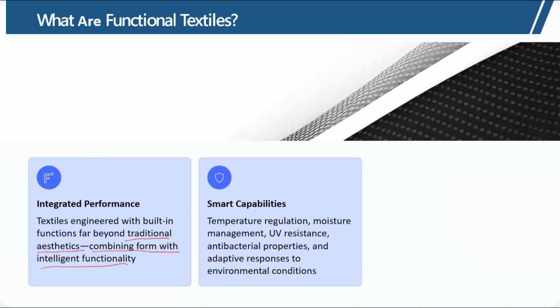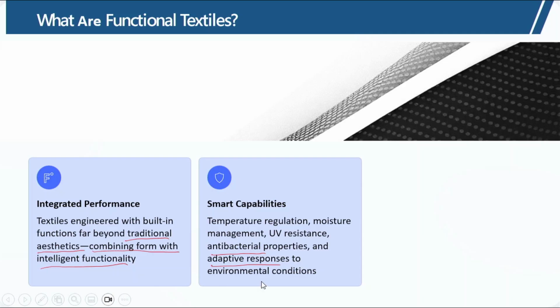The smart capabilities required in functional textiles include temperature regulation, moisture management, UV resistance, antimicrobial and antibacterial properties, and adaptive response to environmental conditions, like the phase change material we use.